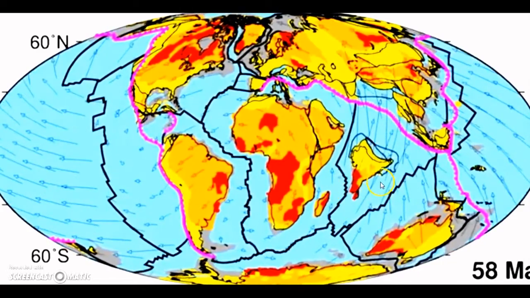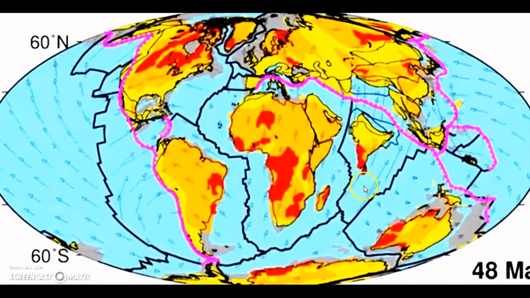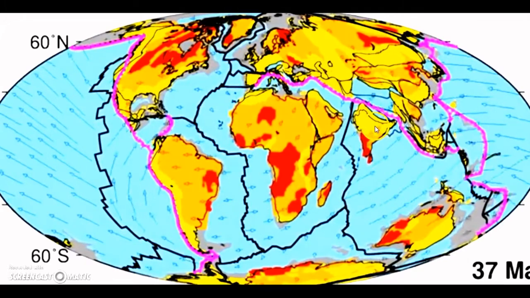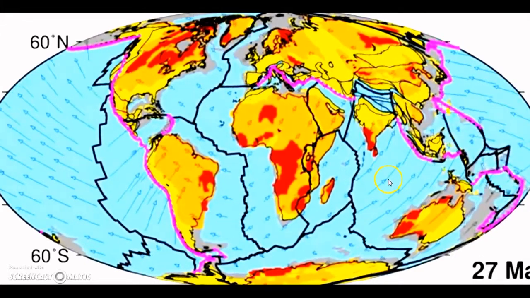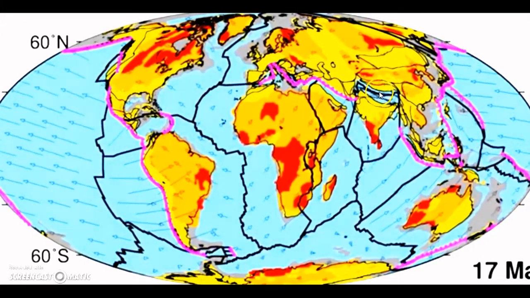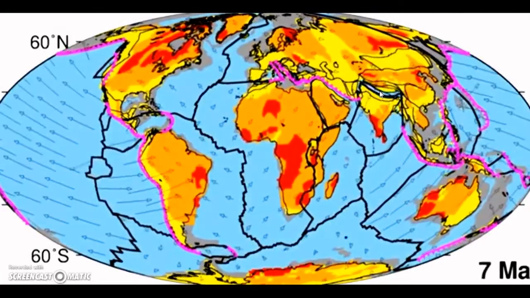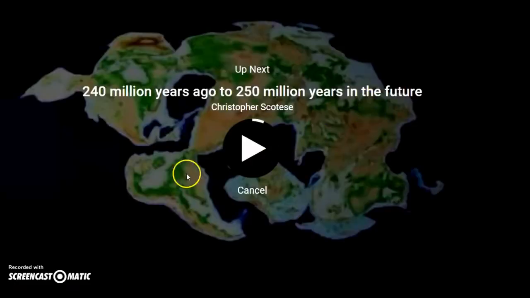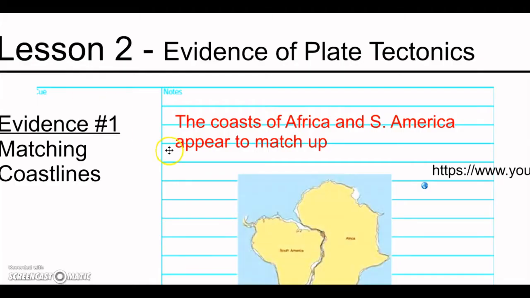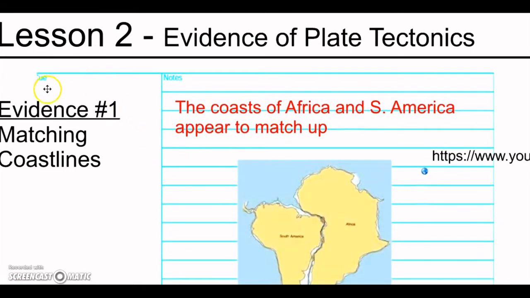Here goes India. India's just cruising, and eventually India crashes up into Asia, and you get the Himalayan mountains, which are still growing today.